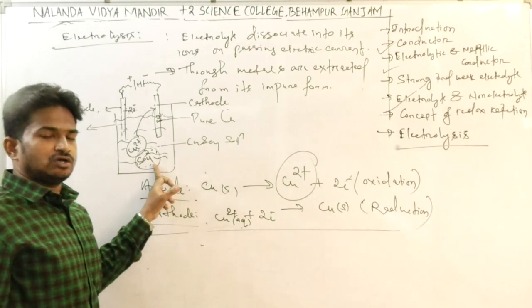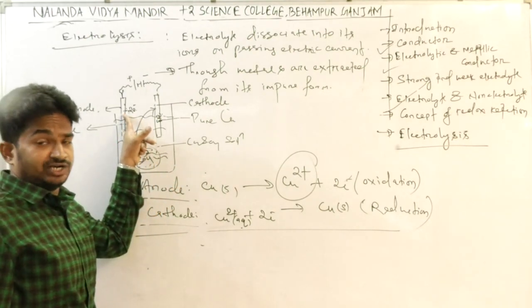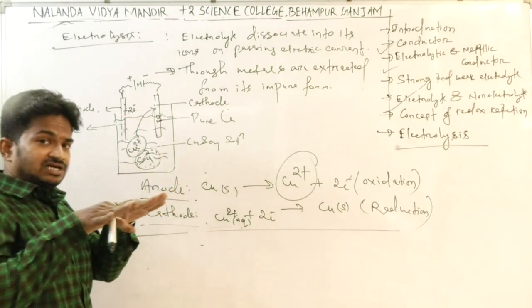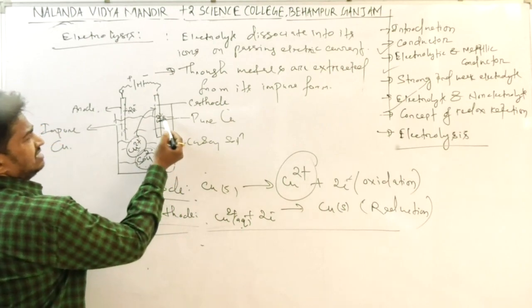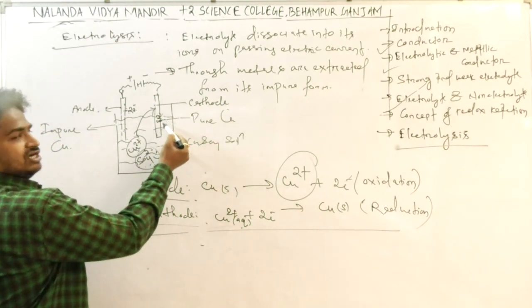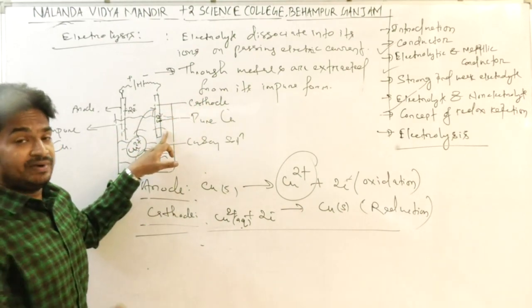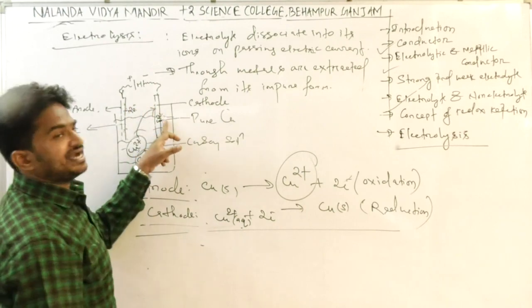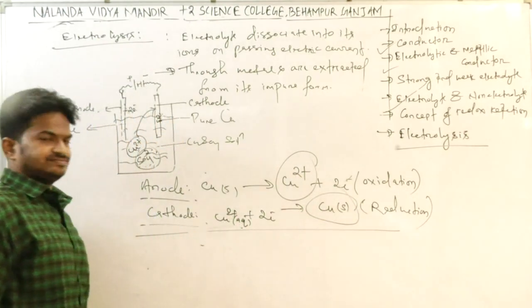When the sulfate 2- ions come closer to the anode electrode, it becomes neutral. Similarly, when Cu2+ ions are deposited over the cathode, 2 electrons add up to make it neutral, that is copper.